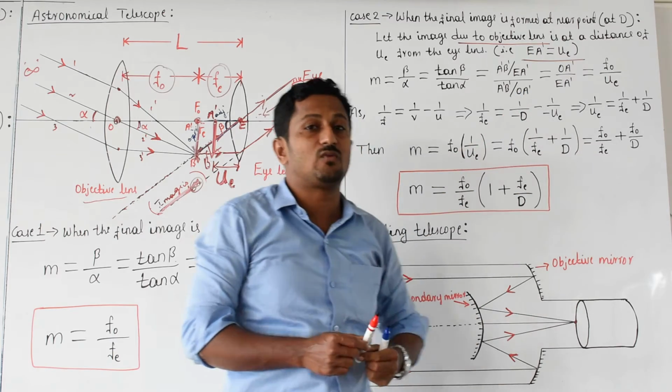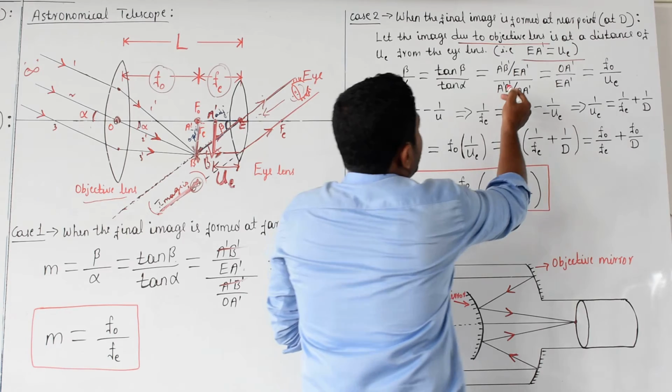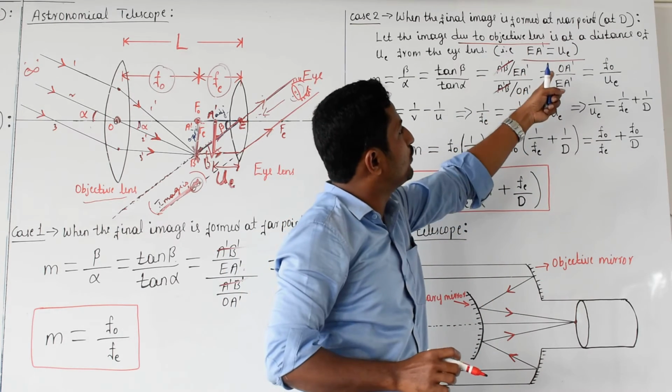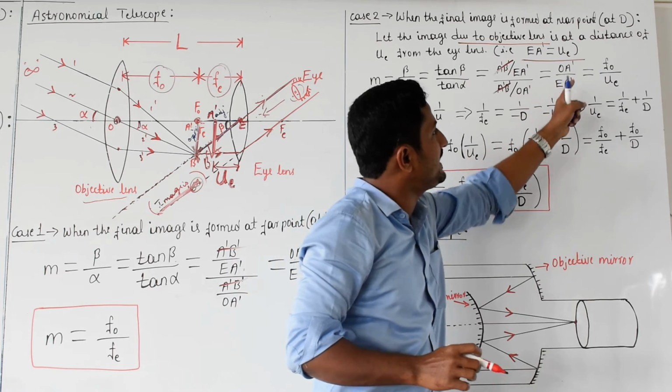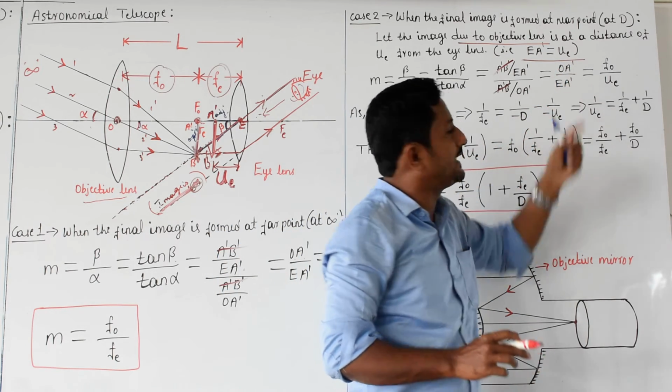Now concentrate. Again A'B' both are going to get cancelled out. It will be OA' by EA'.